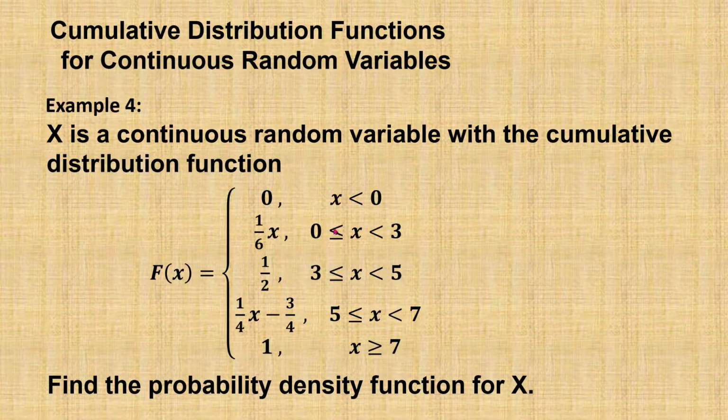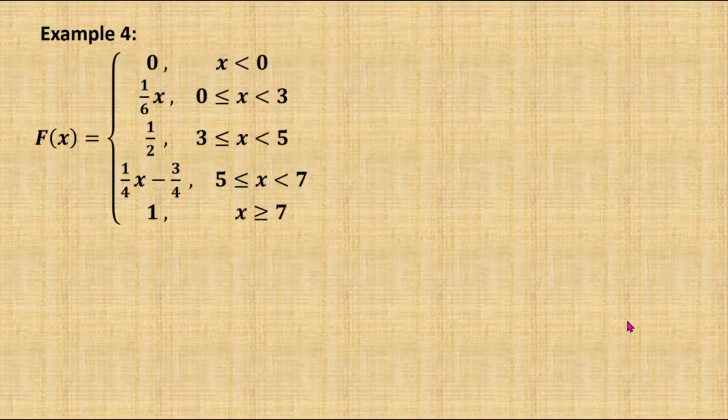Next, in this example, I'm going to show you how to find the probability density function from the cumulative distribution function for continuous random variable x. For continuous random variables, the probability density function can be obtained by differentiating the cumulative distribution function.